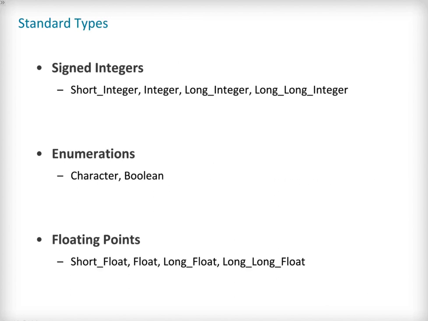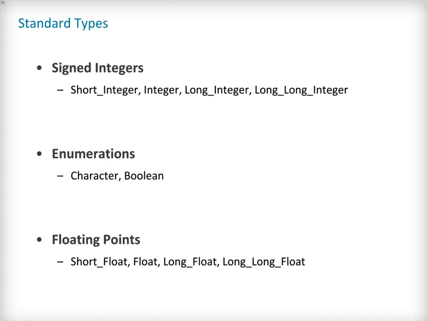The Ada standard provides some default types for signed integers, enumeration, and floating points. The integer that you will use the most is actually called Integer. Short_Integer and Long_Integer, Long_Long_Integer are available as well. Although if you come to need some specific integer, for example in terms of data range, it will be better to define your own, as we will see later on.